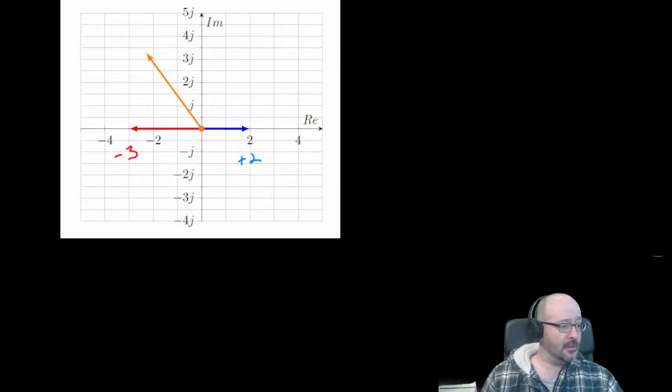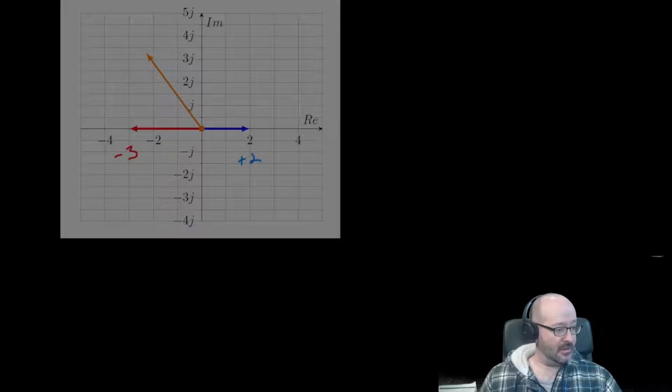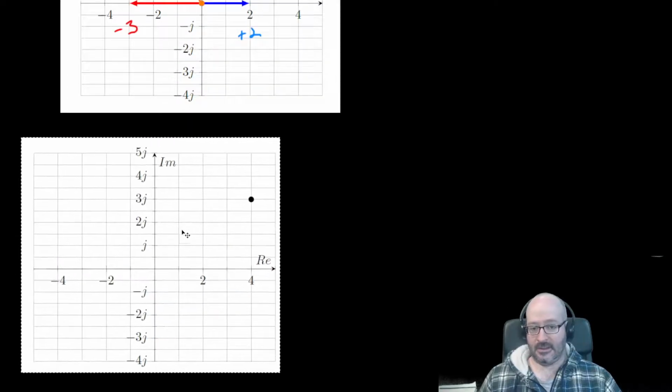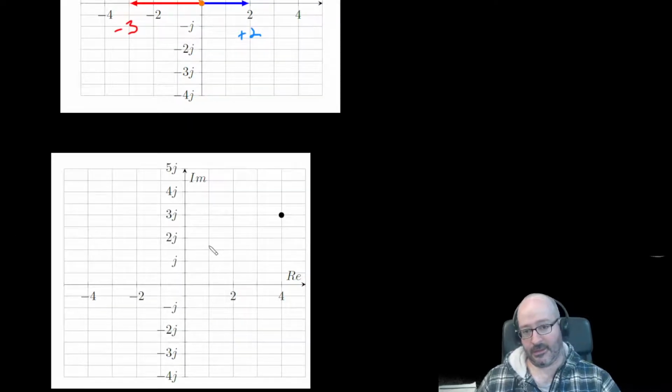So let's pick a point in space, and it's a good one. And let's figure out how we can represent it. So how do we represent this point in space? I think that's worth writing.